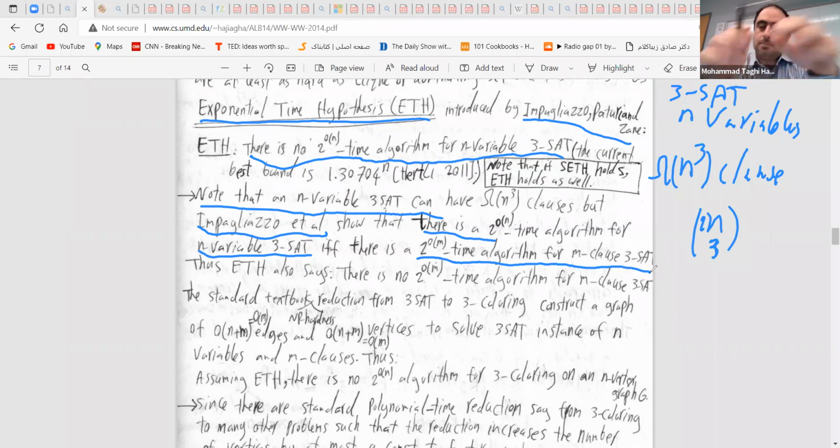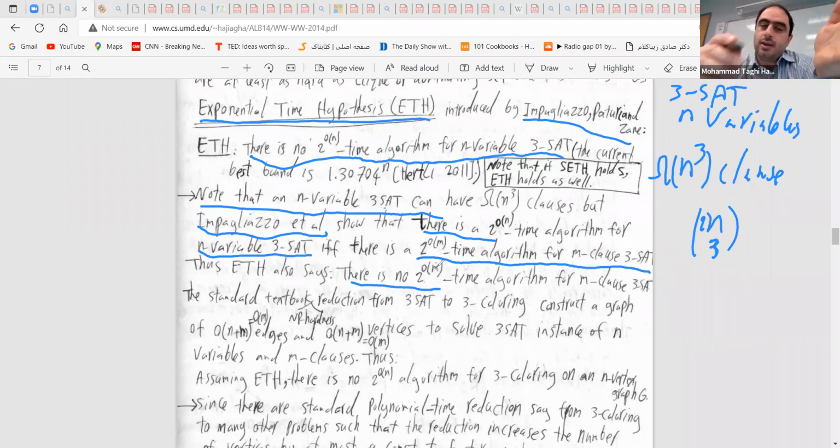Because of this if and only if, ETH also says that there is no 2 to the little o of m time algorithm for m clause 3-SAT.